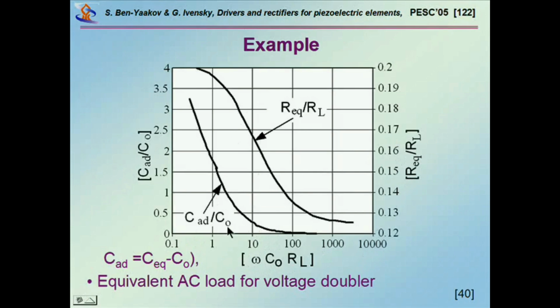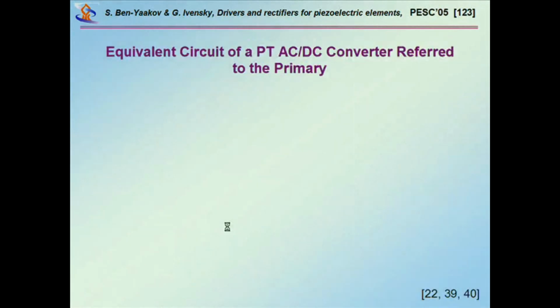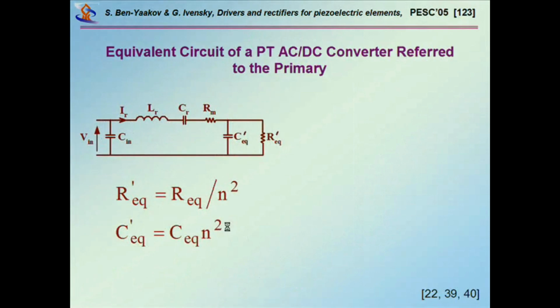And once you calculate these, you can, of course, analyze the circuit as a simple AC circuit, get the transfer function, and then from this go back and get the DC from power balance between the AC and the DC. So this is the concept here.